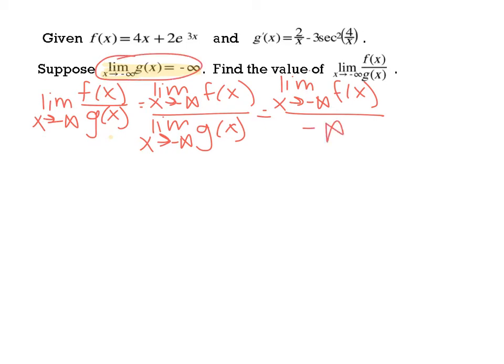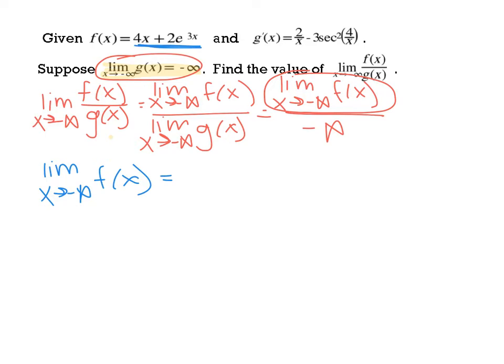So what we're going to do next is find the limit as x goes to negative infinity of f of x. f of x is 4x plus 2e to the 3x.